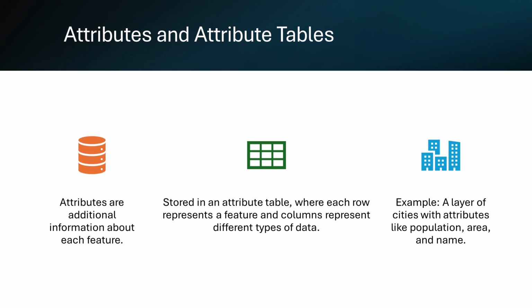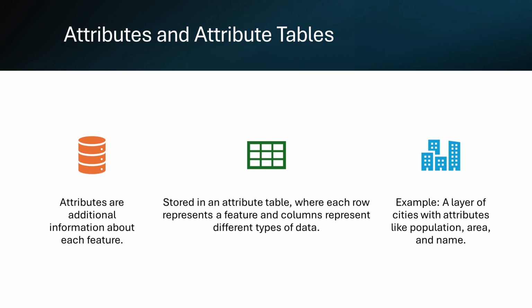Now, let's talk about attributes. Attributes are pieces of information associated with each feature in a layer. For instance, if we have a layer representing cities, each city would have attributes like its name, population, area, and perhaps other details.